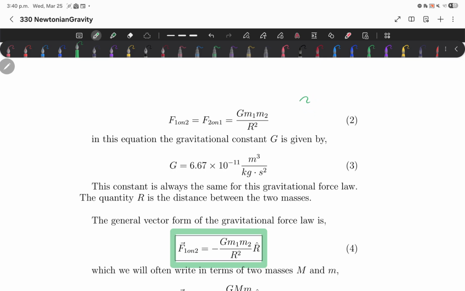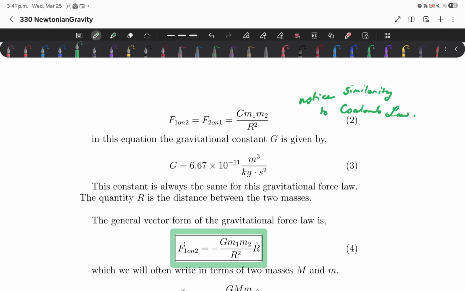This is the more general vector form, which is almost identical to Coulomb's law. The force of one mass on another is equal to G m1 m2 over r squared r hat, where these r's are the same thing we did before. Nothing has changed. These big R's are going to represent the same notation as we did for the electrostatics unit.